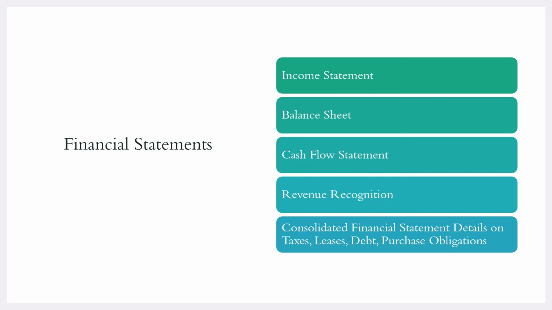So what that means in layman's terms is they can only recognize that revenue once it's actually sent via mail to the customer. And according to their revenue recognition policy, once they recognize that revenue, they have 3 performance obligations.